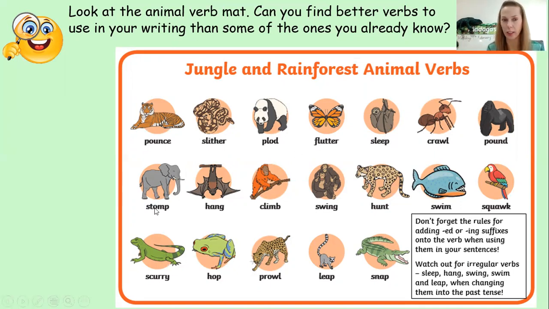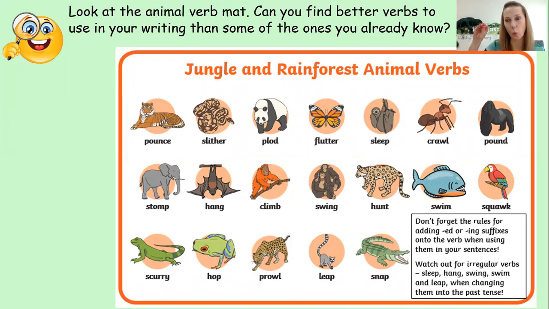A heavy animal like an elephant might stomp as it walks, hang for a bat, climb for an orangutan, swing for a chimpanzee, hunt for a leopard, swim for a fish.